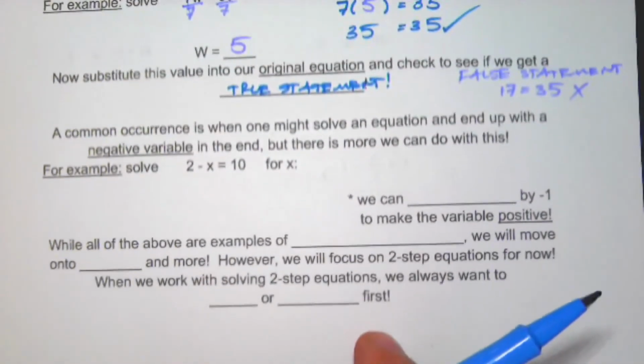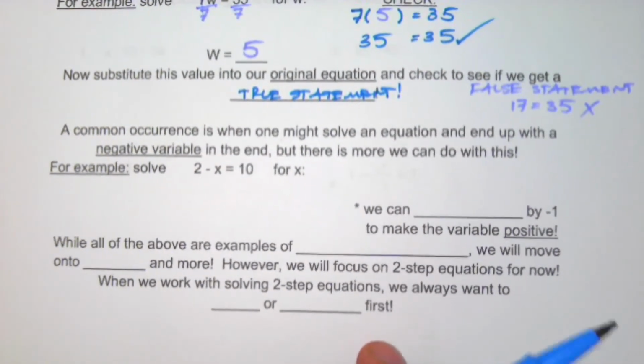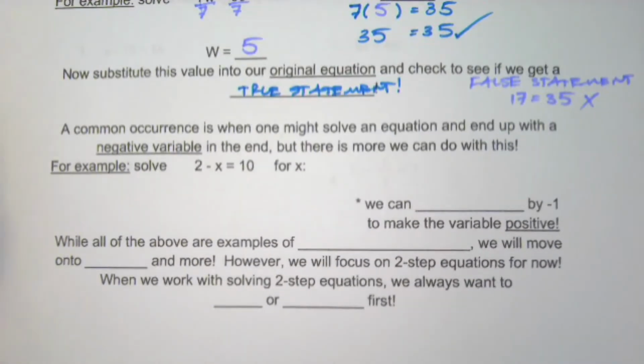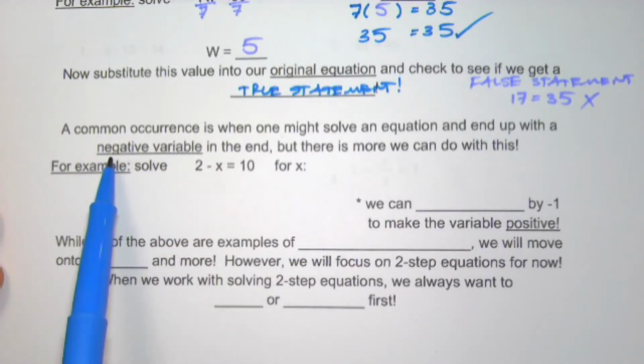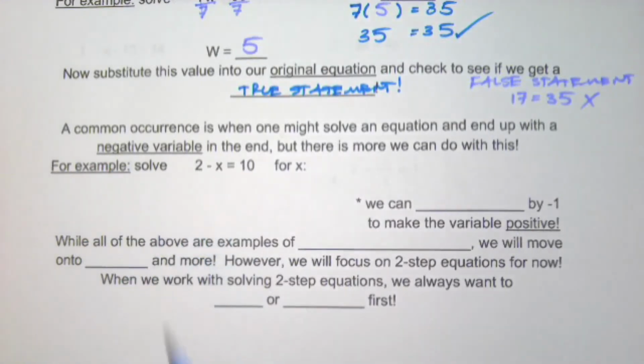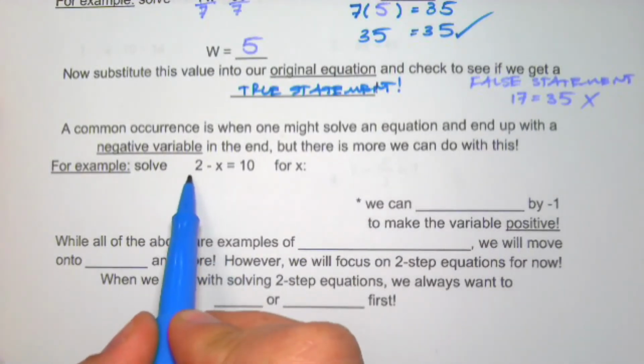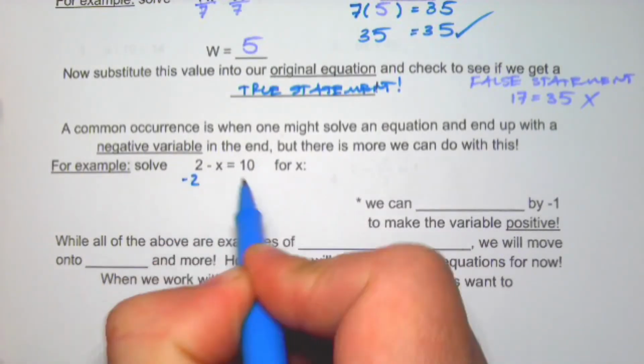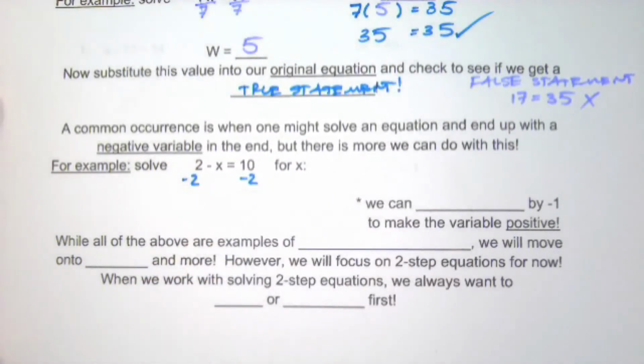And then there's one more tricky problem with solving equations. And that's when we end up with not a positive variable, but a negative variable. So let's work with this example and see what we mean by that, and how we can approach it. So I see a positive 2 here, so I want to do its opposite, which is subtract.